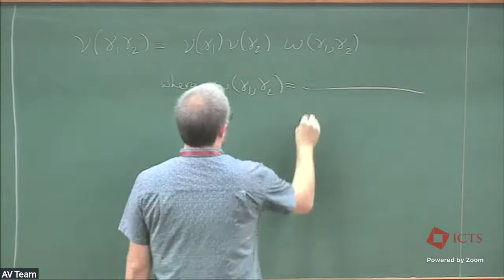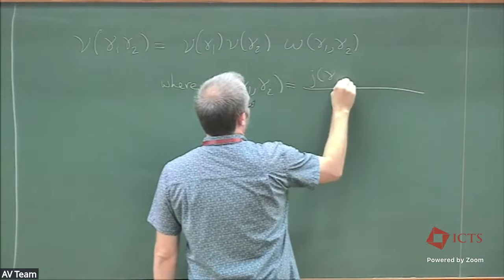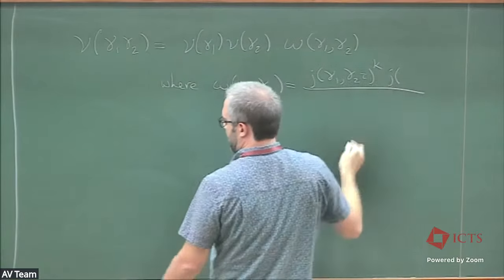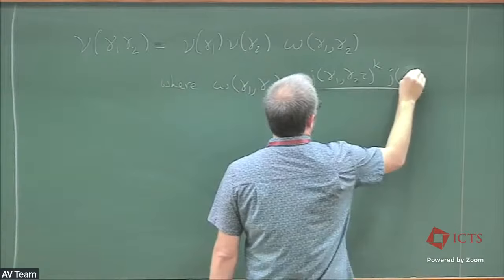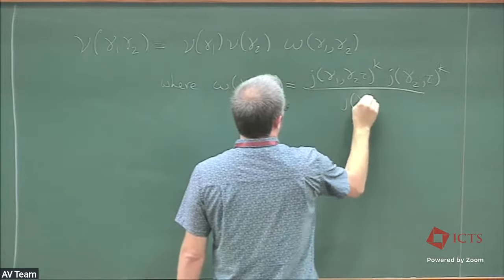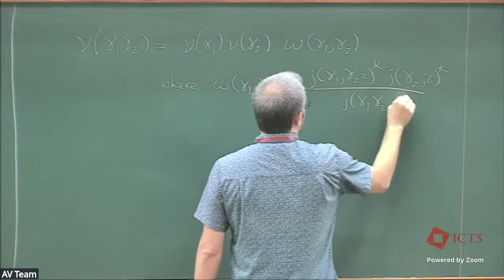It's going to have to be j of gamma 1 gamma 2 tau to the k, j of gamma 2 tau to the k, over j of gamma 1 gamma 2 tau to the k.